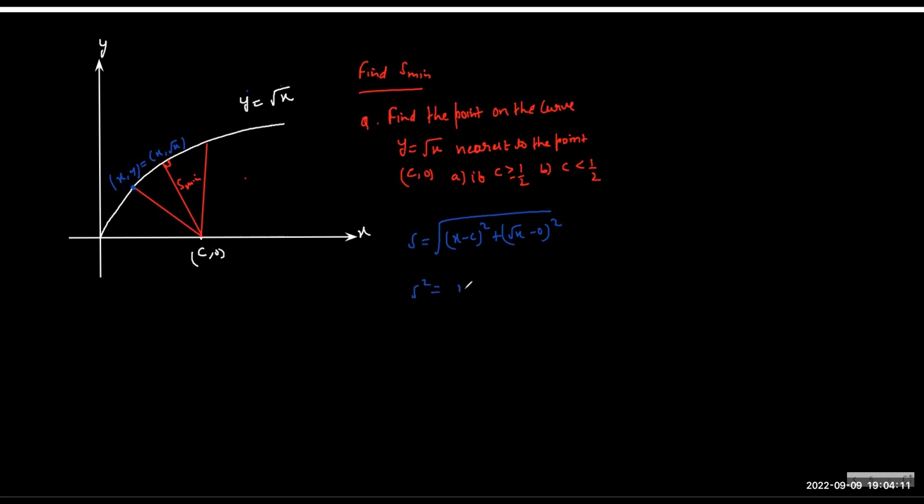So s square is how much? (x minus c) whole square plus x. Is this clear so far? Yes. The next step is simple. To minimize the given quantity, we have to differentiate the given quantity and equate it to 0. That's it. Differentiate and equate to 0. This part you can do at least.